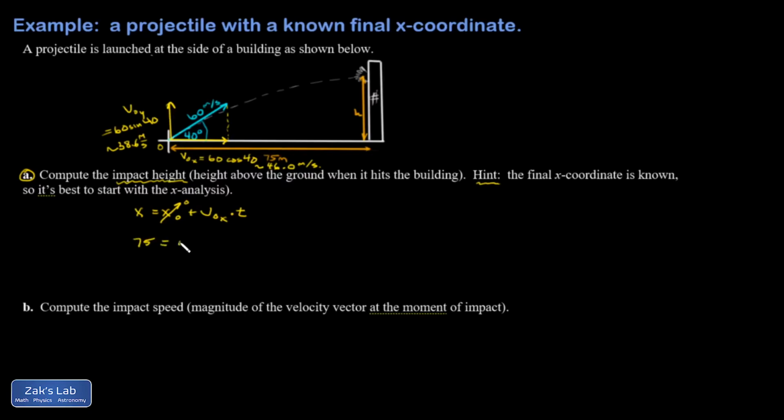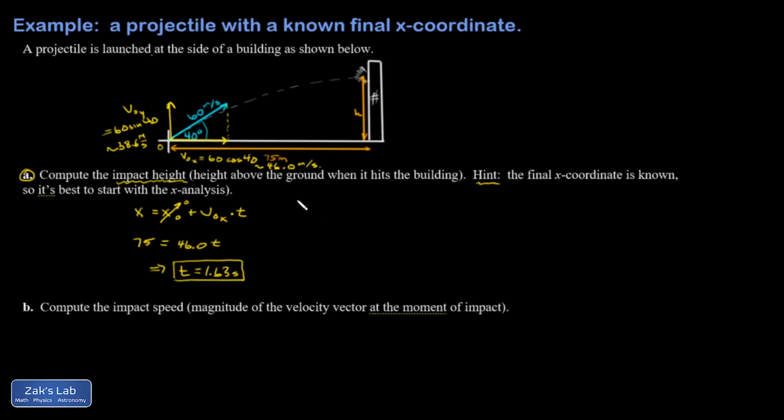My initial x velocity is 46.0 meters per second. And t is the only unknown there. So I'm going to be able to get t immediately. 75 divided by 46, and I get 1.63 for that. So that'll be useful, and I'll put a box around it to make it easy to find.